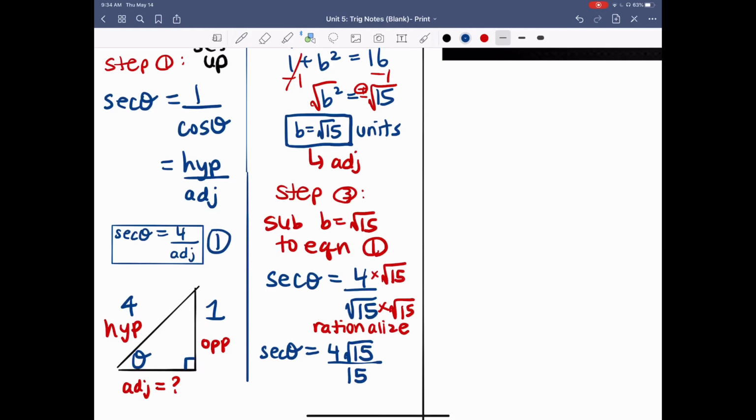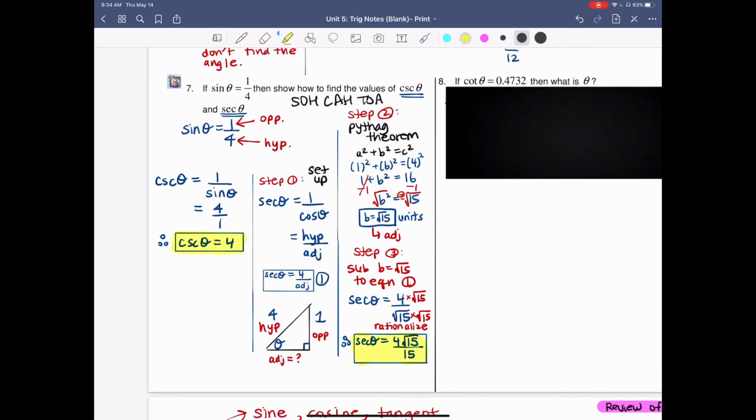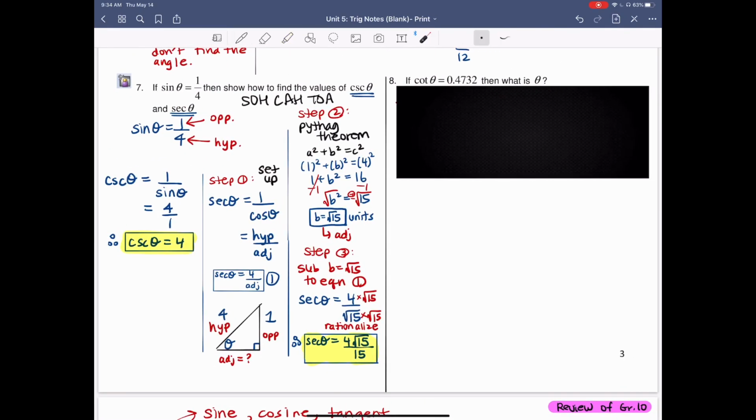And so we are going to have secant theta is equal to the following. A lot of students forget, but notice: will there be units associated with cosecant theta or secant theta? No, because let's say the opposite side is 1 meter and it's divided by 4 meters, notice how the units cancel out, and I have no units for this.